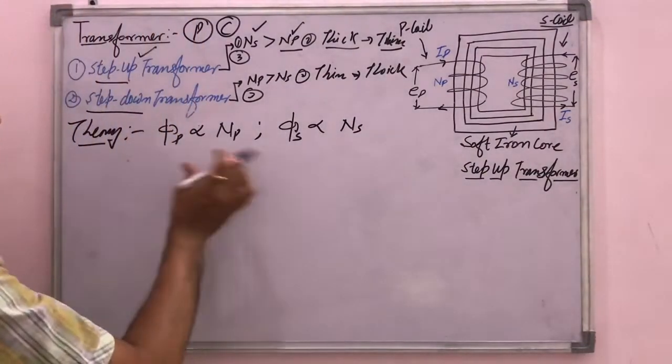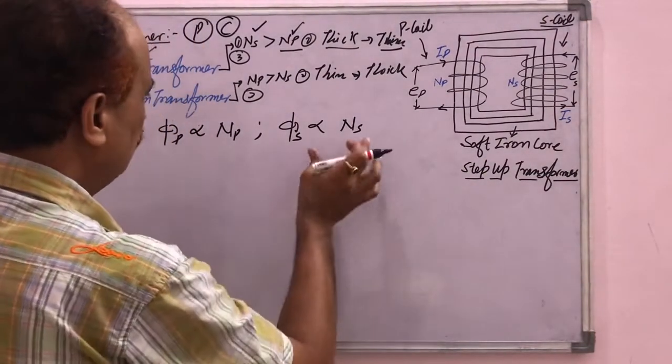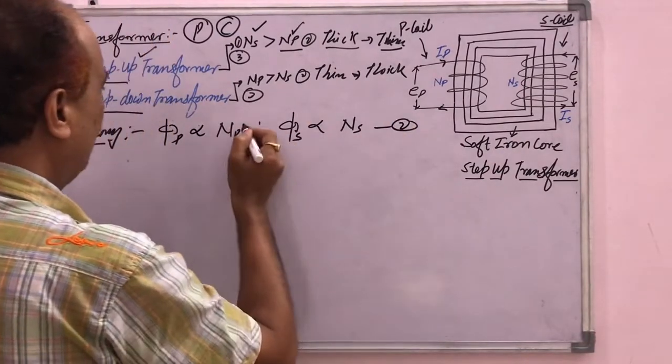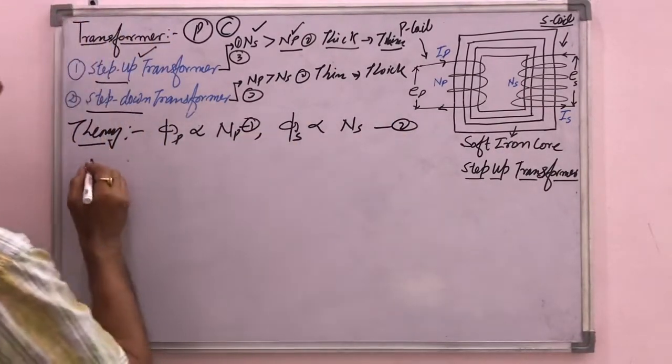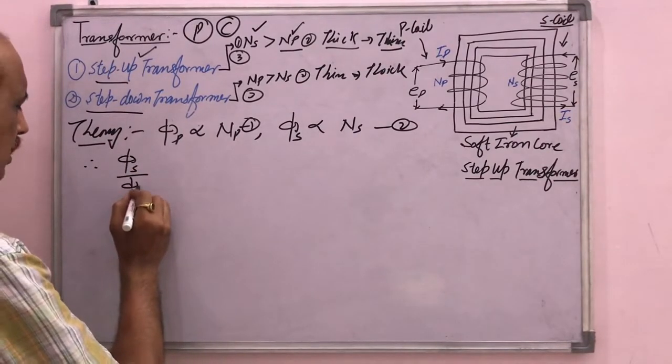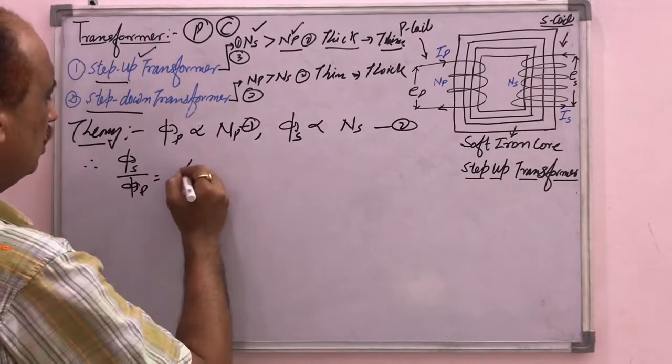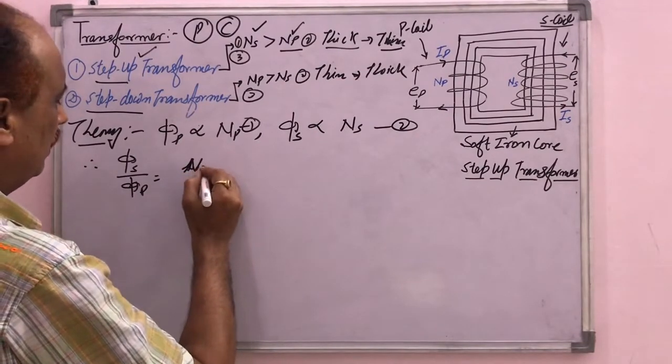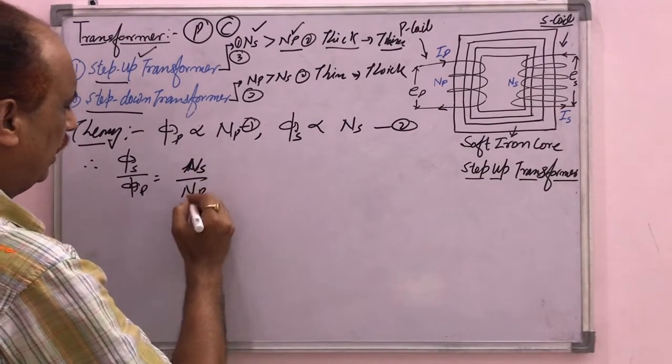If we write these two equations together, dividing equation number 2 by equation number 1, we get phi s upon phi p equal to Ns upon Np.